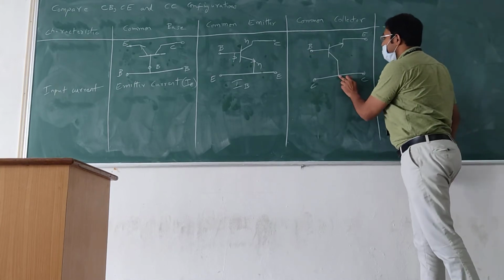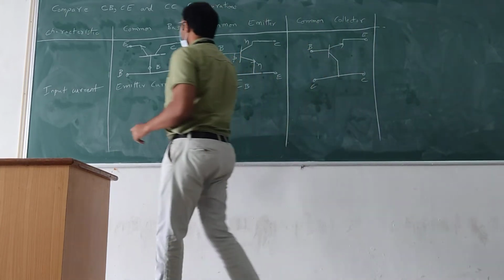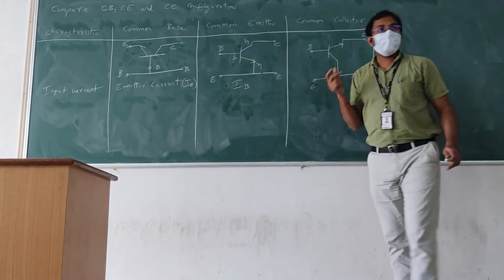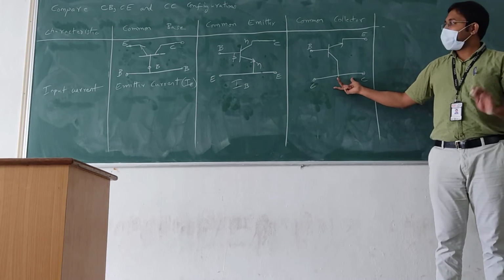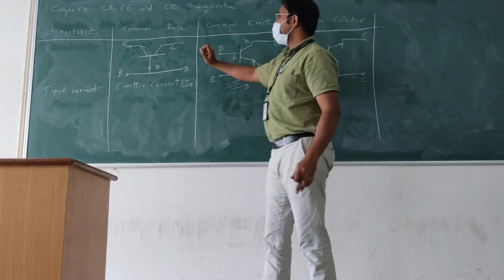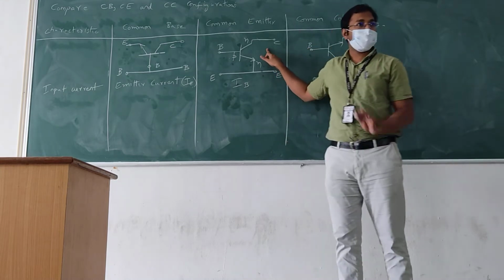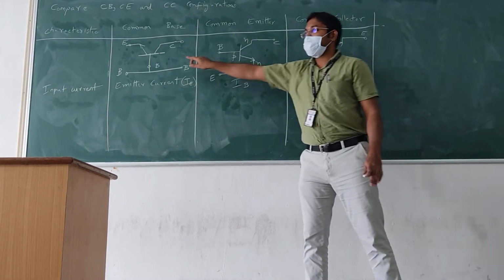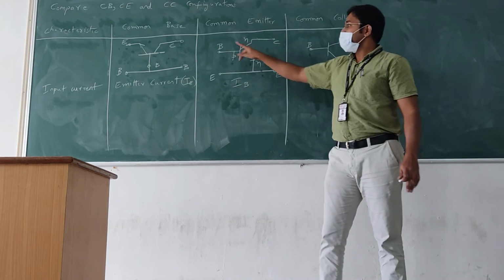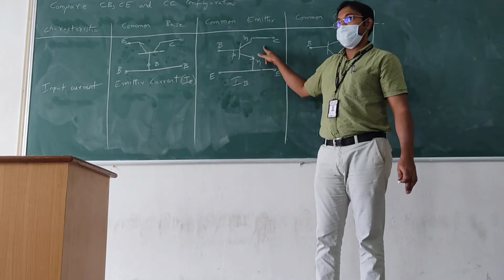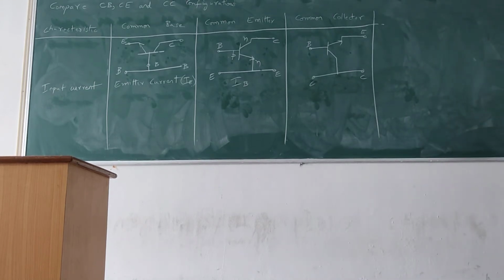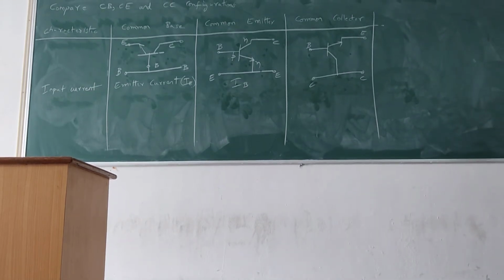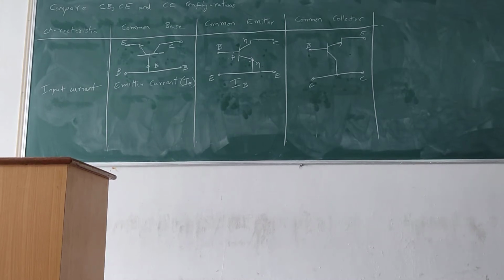So from this, what we can understand: collector is common here. If collector is not common, then it acts as output. In the first two cases, collector is not common, so collector is the output.